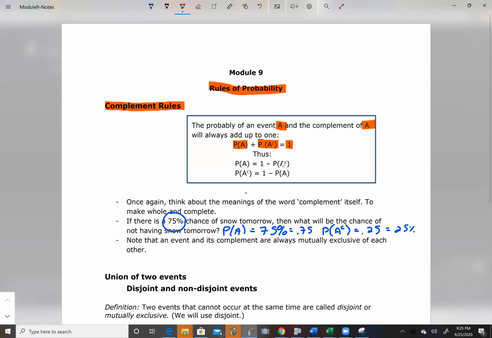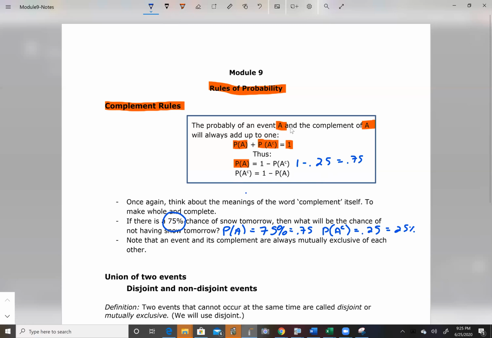Okay, so what that means is if you subtract, the probability of A would be 1 minus the probability of the complement. So if we were trying to figure out the percent chance of snow tomorrow, it would be 1 minus the complement, which was 0.25, which is equal to 0.75.